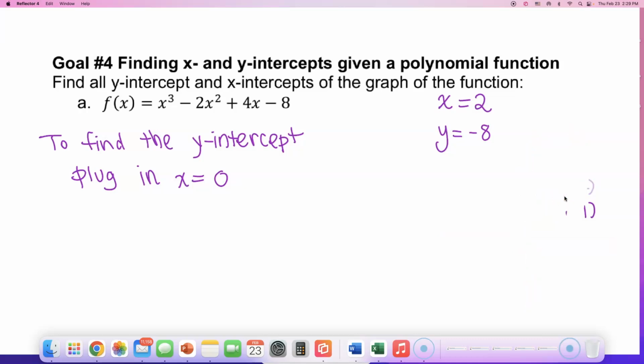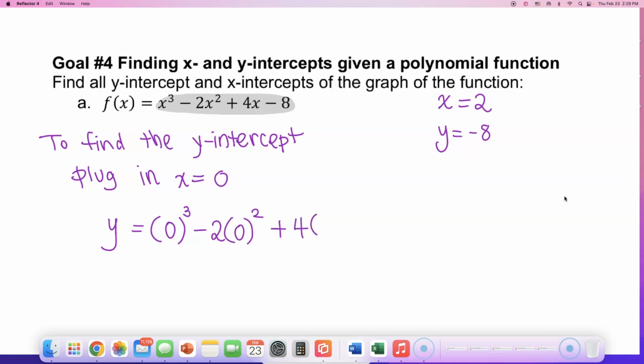So take a look at this. All I'm going to do is grab this function and plug in x equals 0. So that will be 0 cubed. I'll say y equals 0 cubed minus 2 times 0 squared plus 4 times 0 minus 8. Now look at these first 3 terms here.